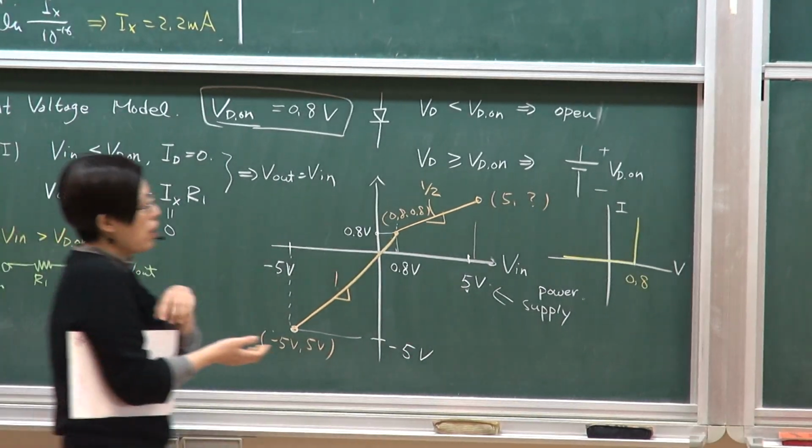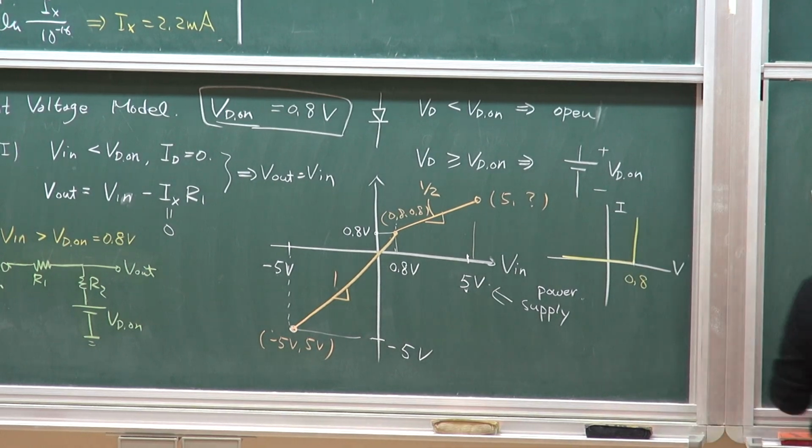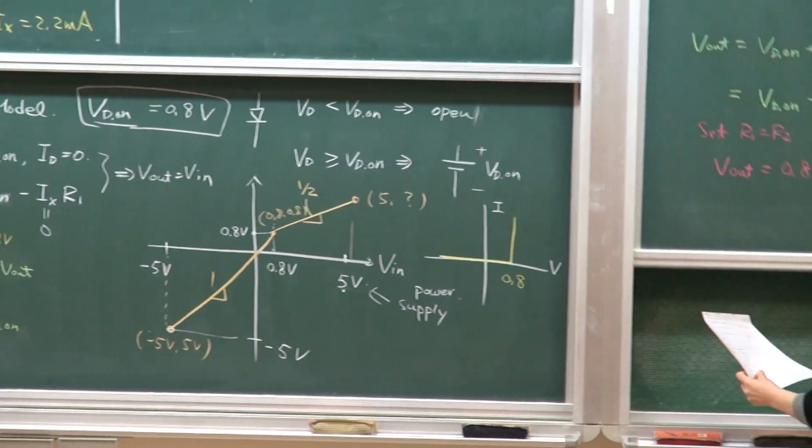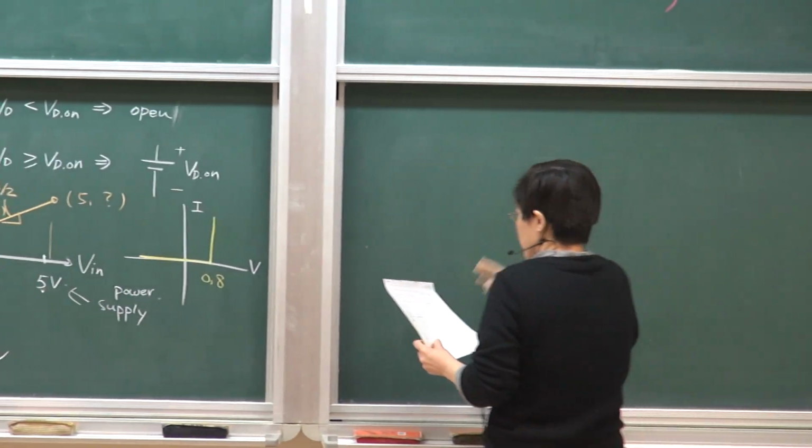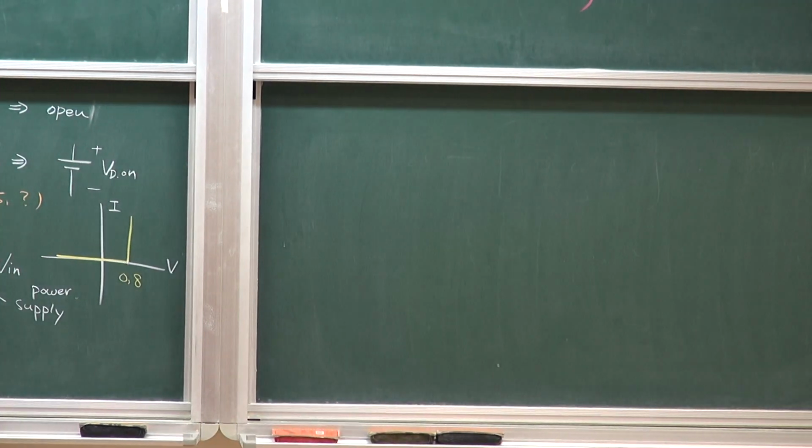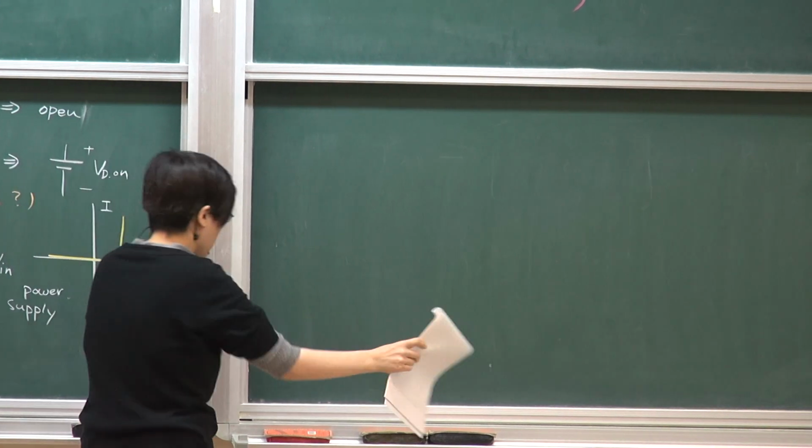Okay, so if everyone is okay with a one diode system, we're going to move to a two diode circuit. So let's look at what happens if you have a two diode circuit.